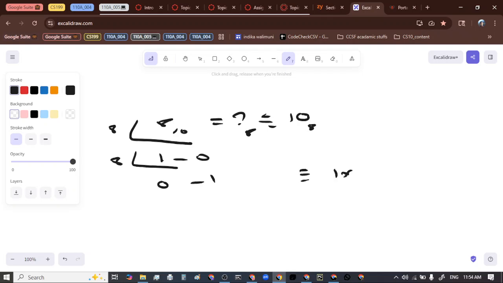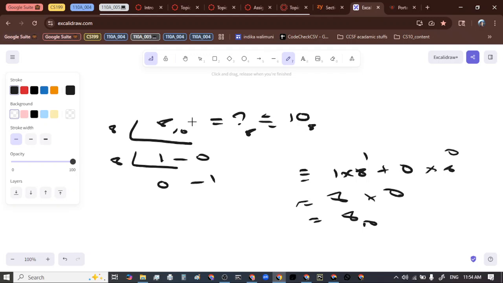It's 1 times 8 to the 1 plus 0 times 8 to the 0, for the last digit, which is 0. So this is 8 plus 0, and the answer is 8 in base 10.